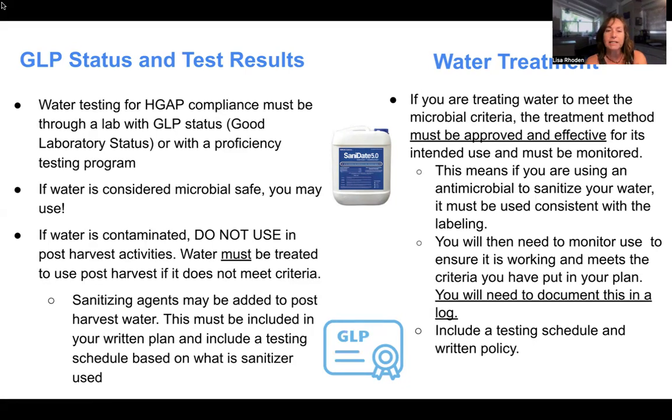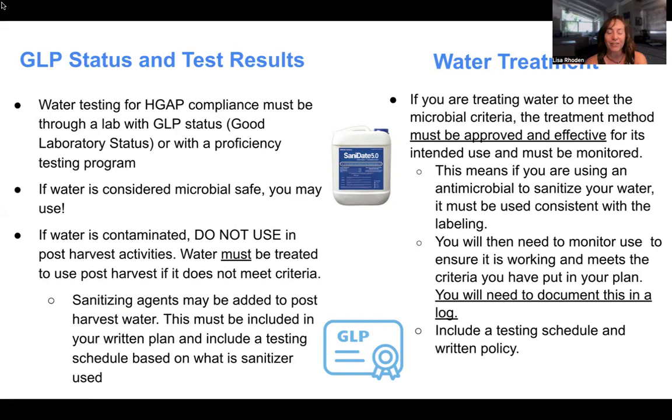That's because the harmonized GAP standard requires that you have your water tested in a lab that has either GLP status, which stands for good laboratory practice, or that has a proficiency testing program. So this is something that's not required if all you need to do is be FSMA compliant. But when you're working on your USDA certification, there's this added layer of robustness.